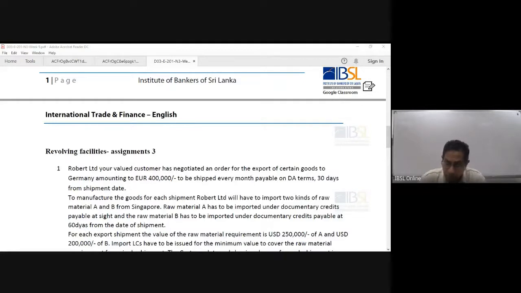Right? So what could be the risks that you can think of in case of a DA collection? Before the due date, the buyer could go down, or the buyer will not show up, or refuse to accept the bill of exchange. Why has he refused to accept the bill of exchange? I have this personal experience also.